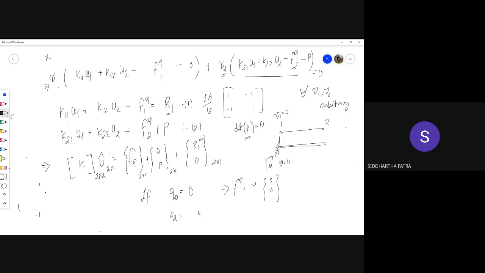U2 equals P divided by K22, which is P times L divided by EA.